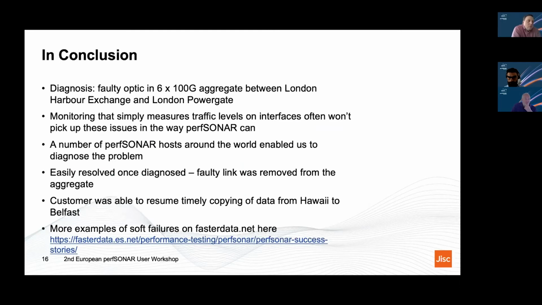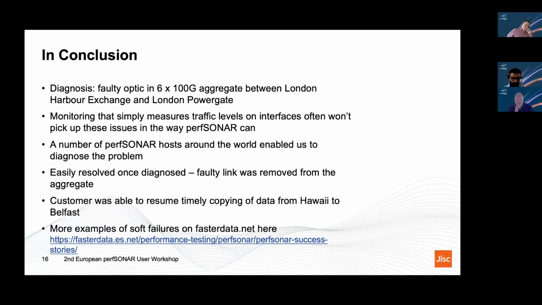So in conclusion, the diagnosis was a faulty optic in the aggregate. Monitoring that simply measures traffic levels on interfaces won't pick up these types of issues in the way that perfSONAR can. And we used a number of different perfSONAR hosts around the world to help diagnose the problem.